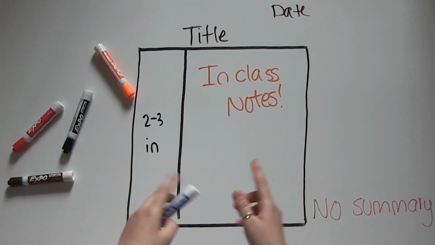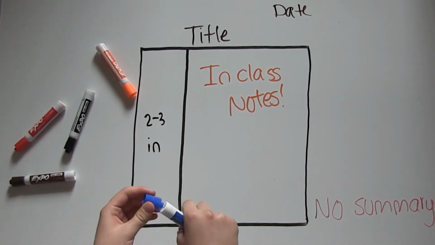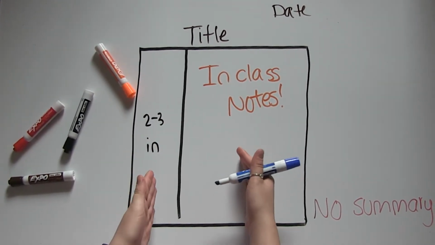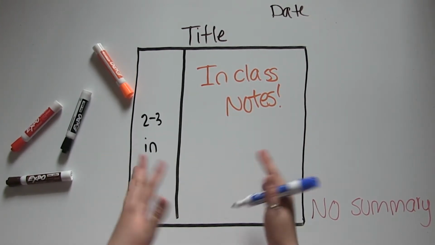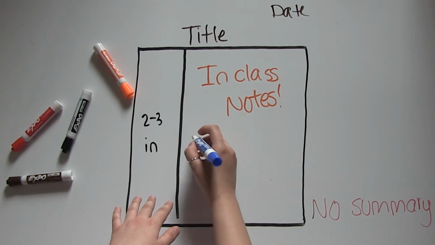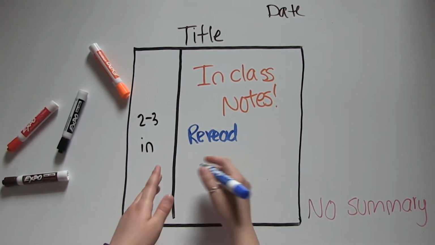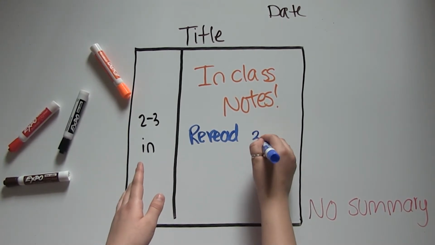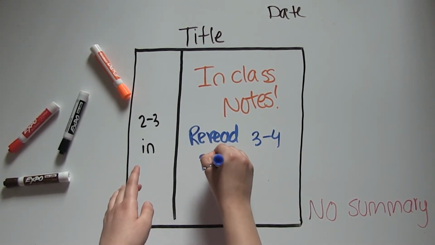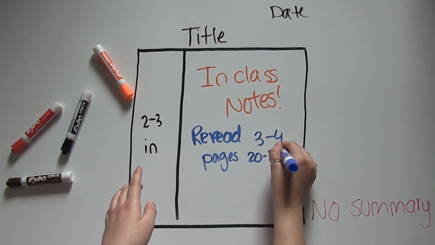Now the magic. The magic of these notes is in this section. What I do is I go home with my notes, usually 3 or 4 pages, and I reread the notes I took in class. Rereading 3 to 4 pages usually takes me about 20 to 30 minutes.